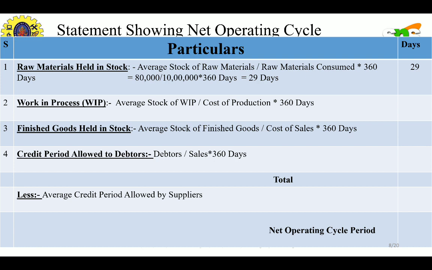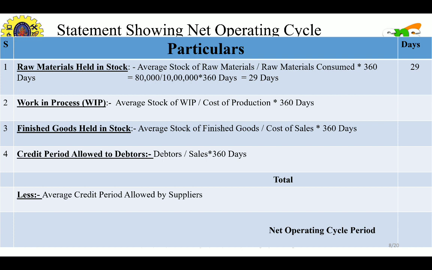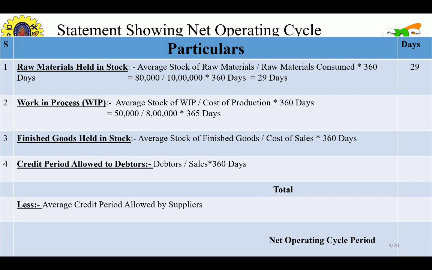After finding the raw material, we go for the work in progress. Work in progress is equal to average stock of work in progress divided by cost of production into 360 days. Average stock of work in progress is 50,000 divided by cost of production, 8 lakhs, given in your question itself, into 360 days, not 365 days.